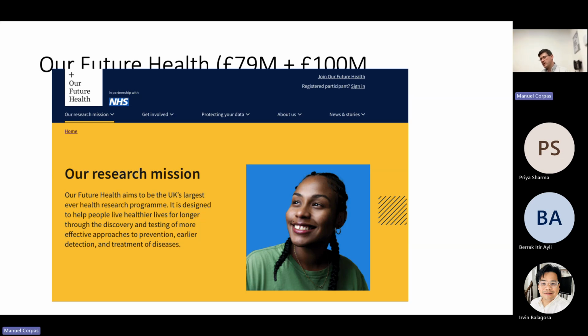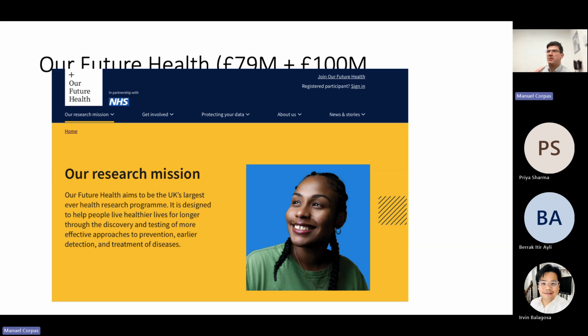The UK Biobank, first of all, obviously size. And then the UK Biobank was more on a voluntary basis.